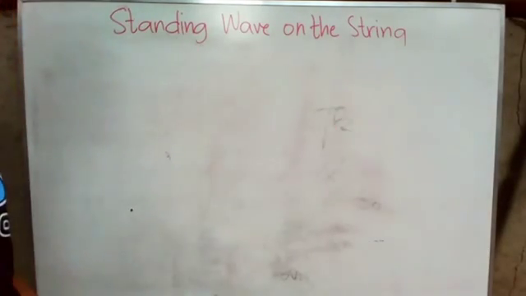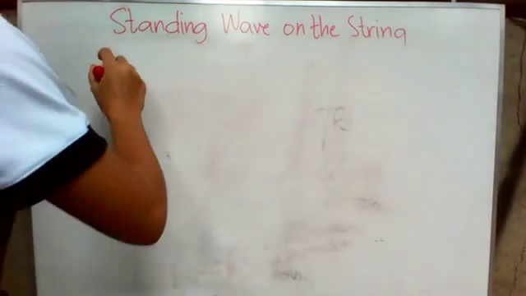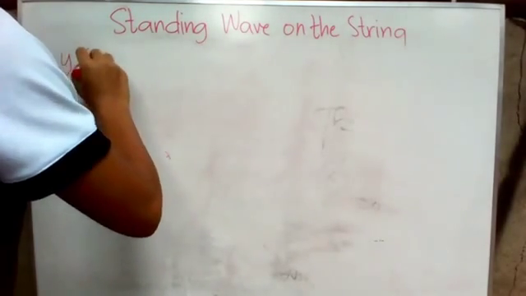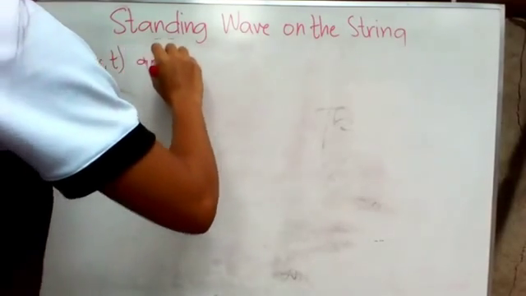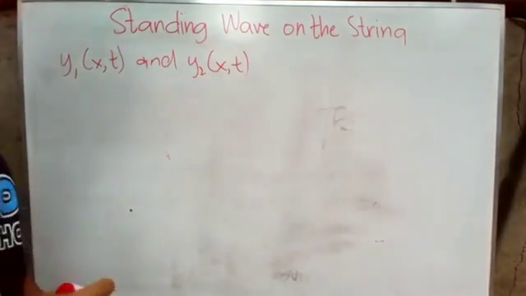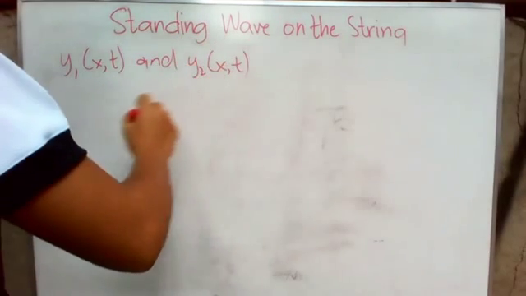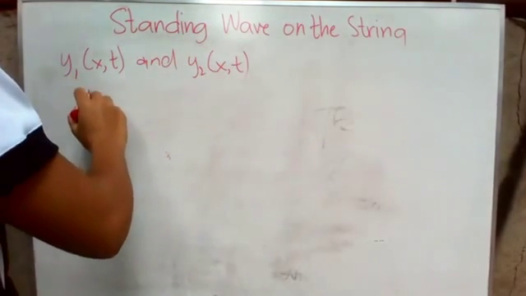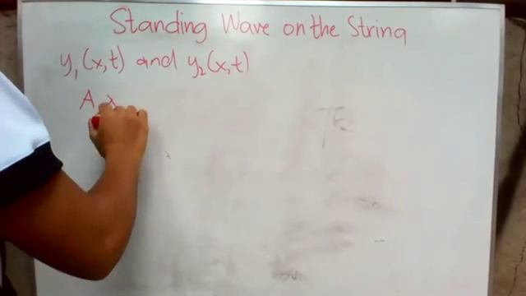Now we can derive the wave equation for a standing wave by adding the wave functions y sub 1 as a function of x and t, and y sub 2 as a function of x and t. This is for two waves which are equal in amplitude, wavelength, and period.